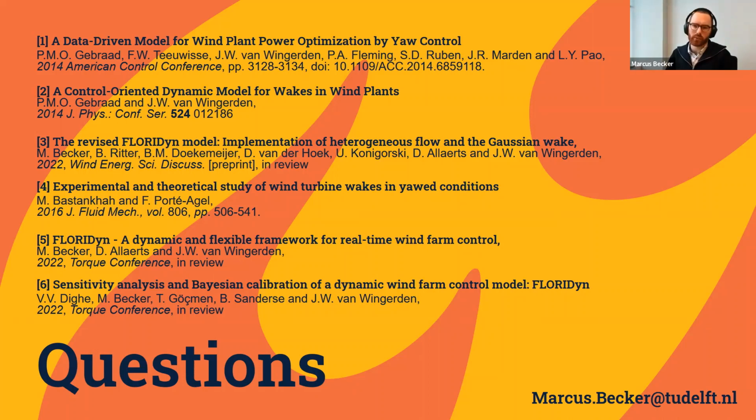That's also something that we're going to explore in the future. So you can derive a quite easy state space model from the FLORIDyn environment and the setup. And then with that, of course, you can start using linear and nonlinear tools from classic control to do all sorts of things with your simulation if you want to.